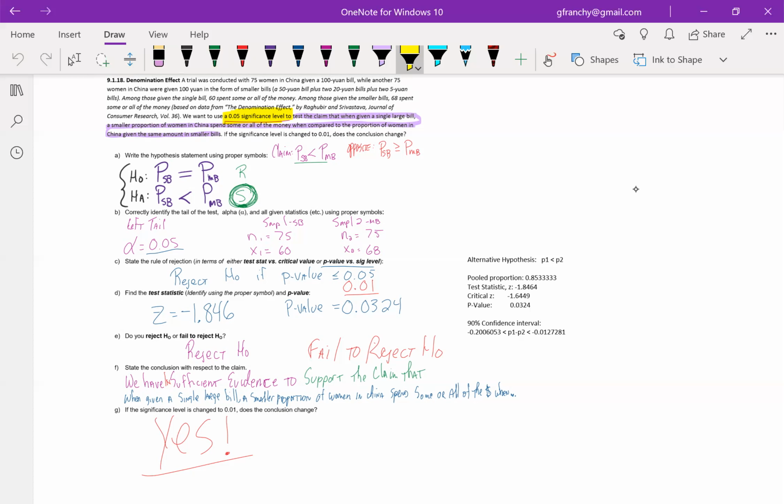So if that was the case, everything you're seeing down here past part D wouldn't really be there in the same way. One of my doctoral professors really just hates that approach because it fails to take into account the power of the test.